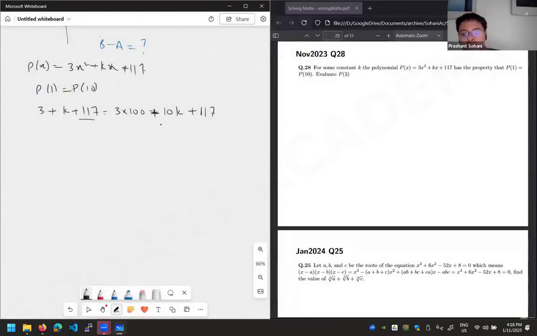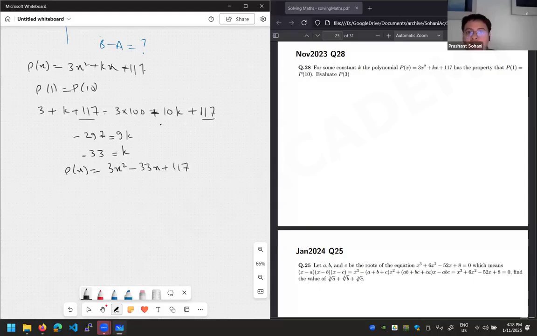And so here you see 117 is just going to cancel. So I'm directly going to get the equation of 9k is equal to minus 297, so k is simply this divided by 9, which is minus 33. So therefore I know the polynomial. The polynomial is nothing but 3x square minus 33x plus 117.